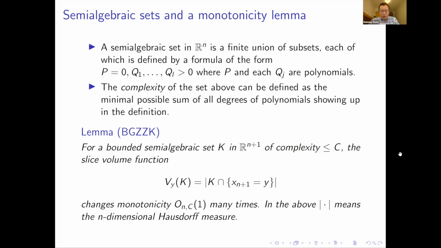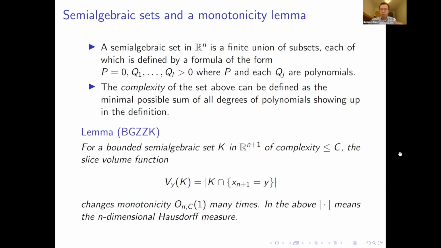Okay, so what is our lemma? It's also a quite simple looking geometric lemma. If you have a bounded semi-algebraic set K, then it makes sense to talk about slices of this set. We always assume K has positive measure, otherwise this lemma wouldn't mean anything. Then we can look at the slice volume function, meaning the intersection between our semi-algebraic set and a hyperplane that's parallel to the first n coordinate hyperplane.